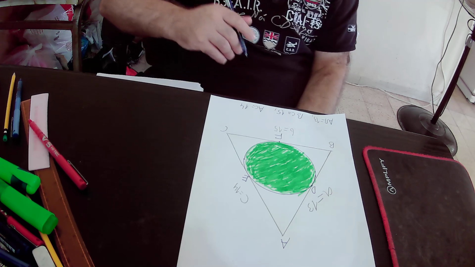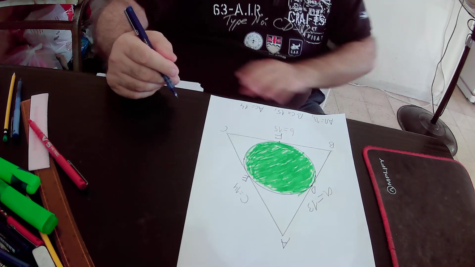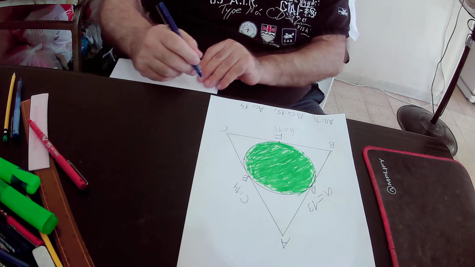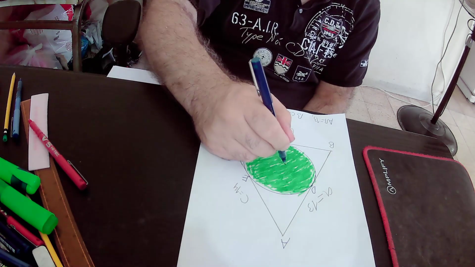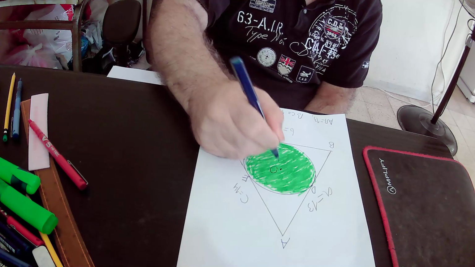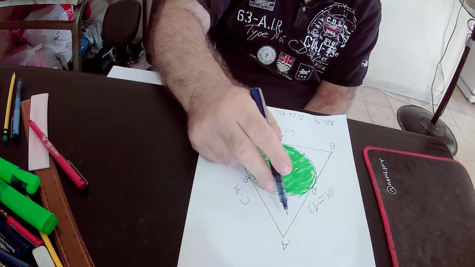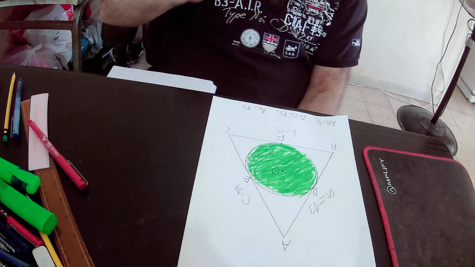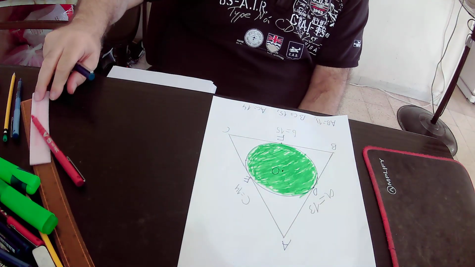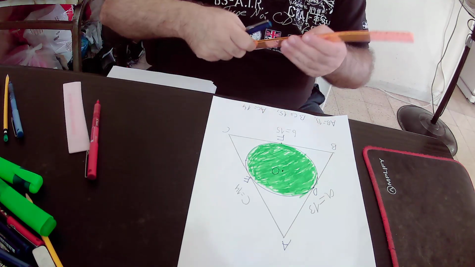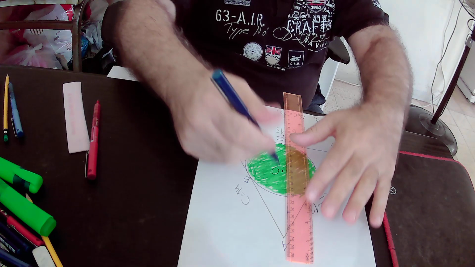First of all, we will define the center of the green circle as point O. Point O is the center of the green circle, and then we will connect points A and O by a straight line.